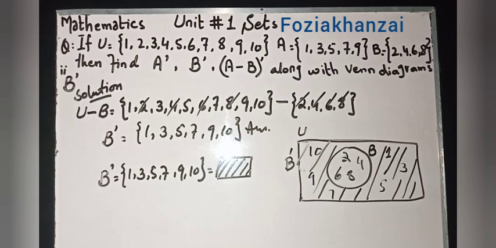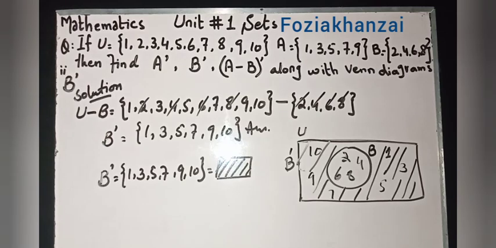Represent it, okay, it depends on you, apply shade or line. So Venn diagram represents answer of B complement. Done second part, A complement and B complement.